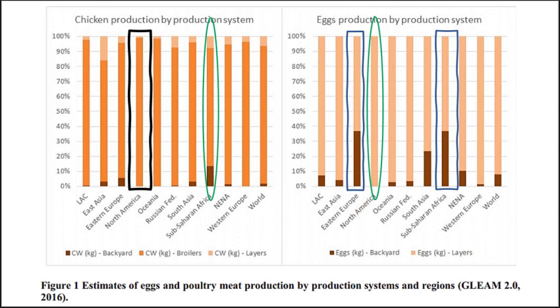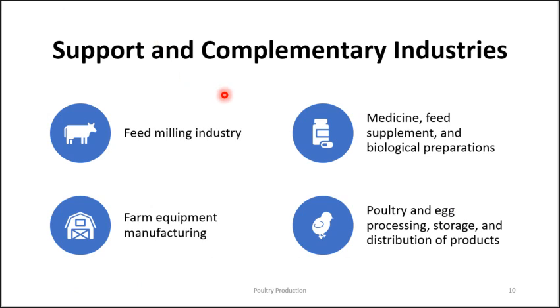So, ayan. And then, finally, those production systems that I mentioned, the breeder production, the broiler production, the egg production, and then yung backyard production system, they depend on these four support and complementary industries. We have the feed milling industries. Of course, dito kumukuha ng pagkain ibibigay sa mga animals natin.